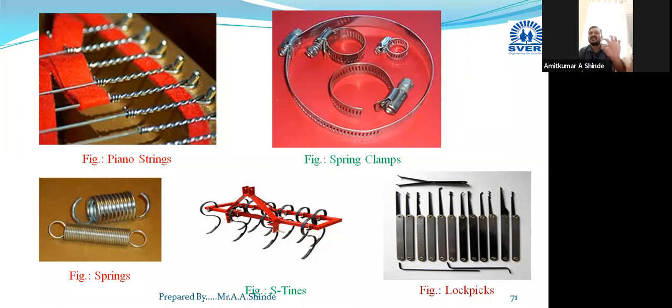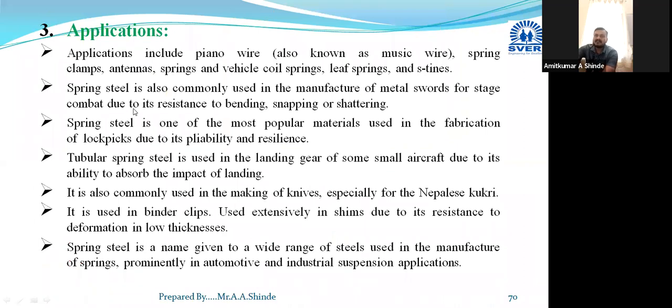Okay, this is spring clamp, and then these are yes tines. These yes shaped tines are there in your various agricultural equipments. And then these are lock picks. Lock picks are made up of this spring steel only.